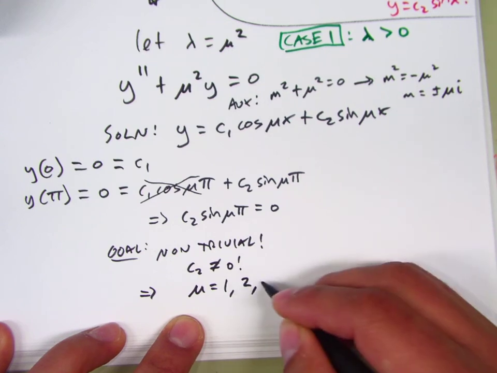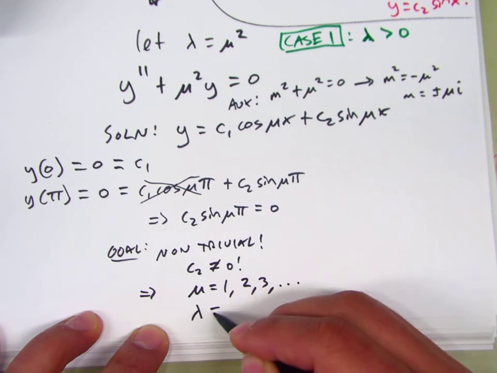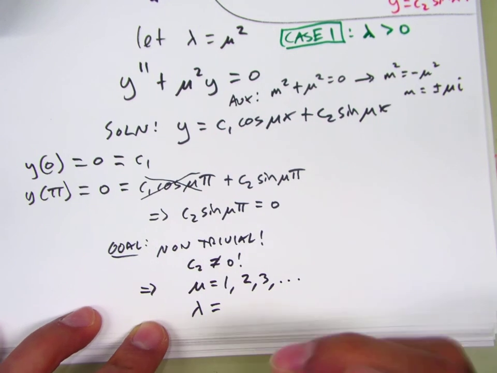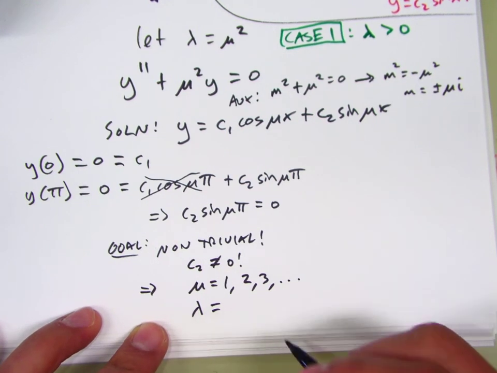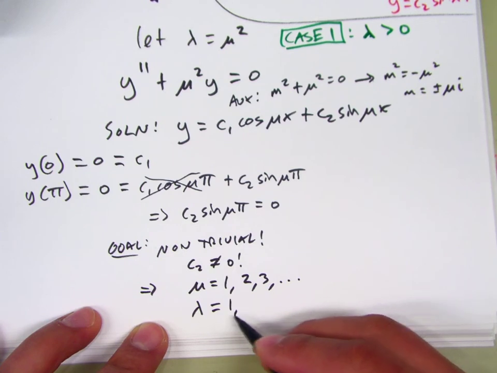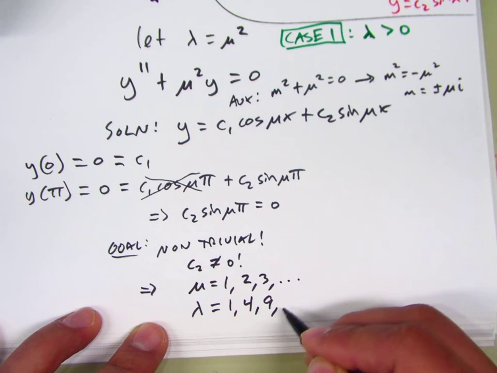So now let's go one step further, go back to what lambda has to be. What are the values for lambda then? 1, 4, 9, and so on.